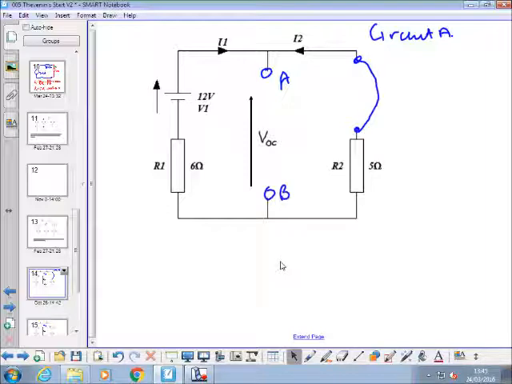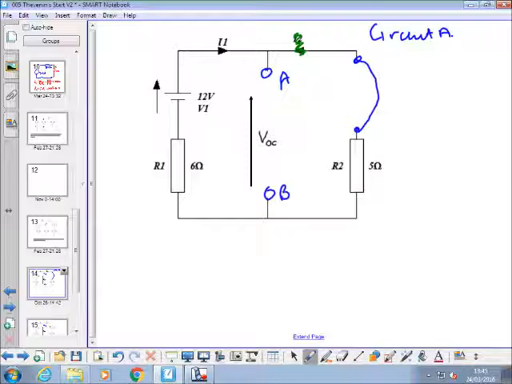Yep. How would we draw a current on that now? Let's just scrub that one out for a minute, because we've only got one current, haven't we? Agreed?